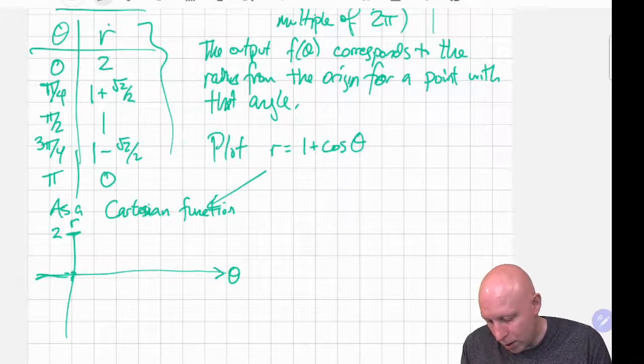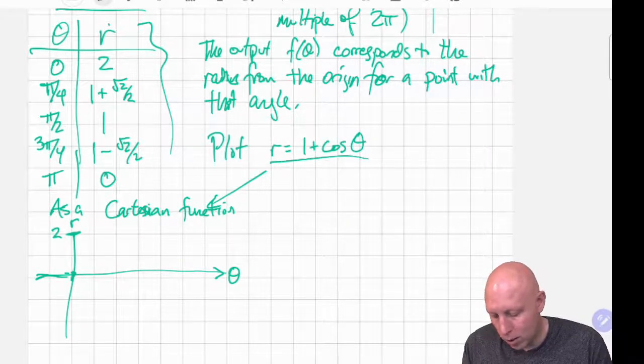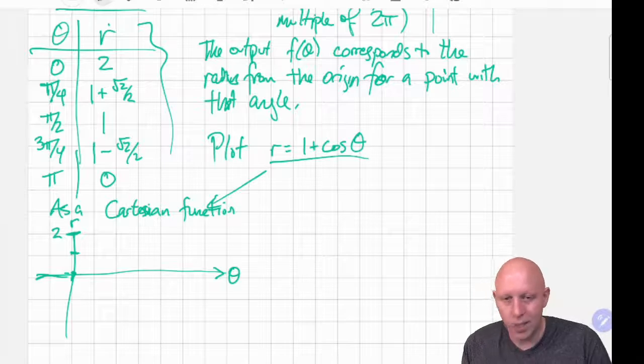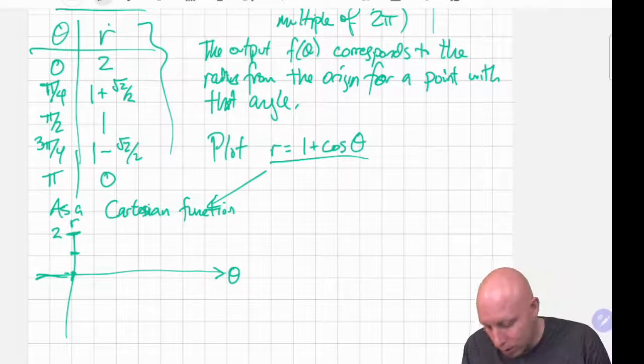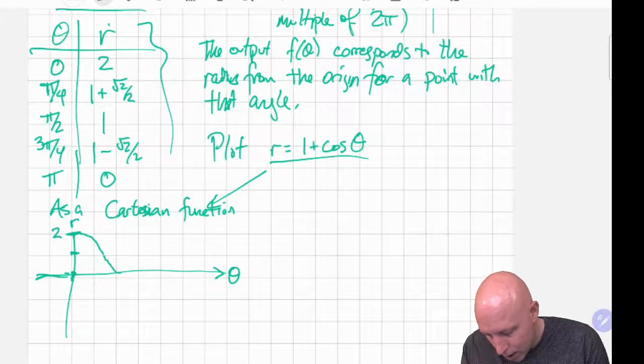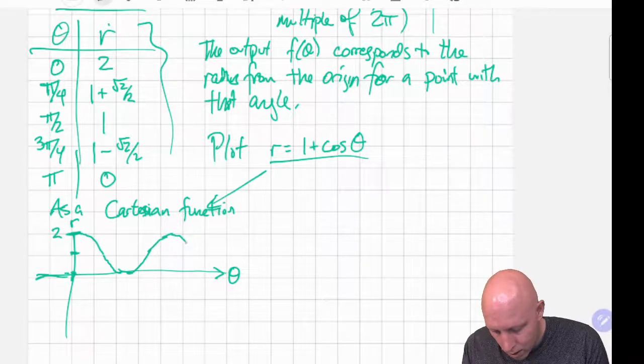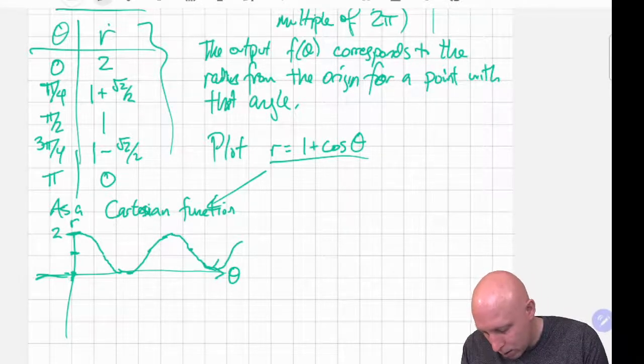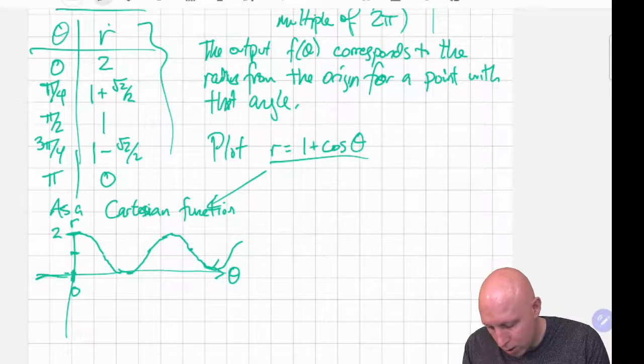When we look at 1 plus cosine of theta, that takes our normal cosine function and raises it 1 unit. So we get a function that does this. At 0, we're at 2.